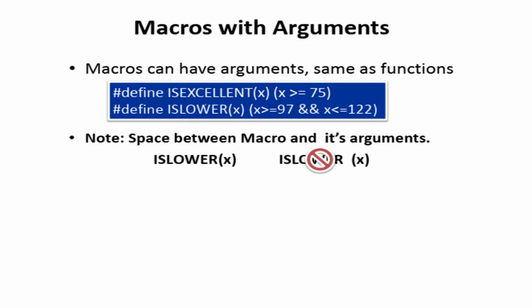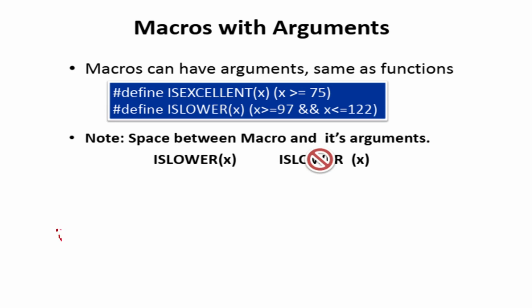We can use is_excellent within brackets, x greater than or equal to 75. So what are we doing? We are writing a program something like this. Suppose we are checking how good a student is.